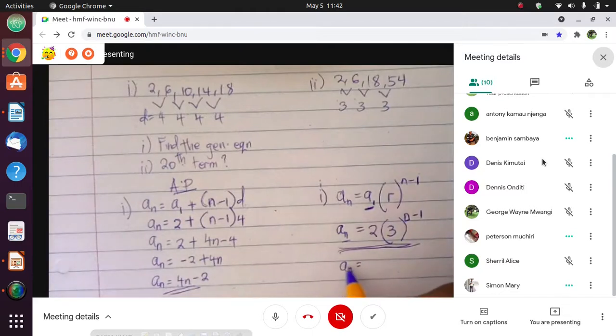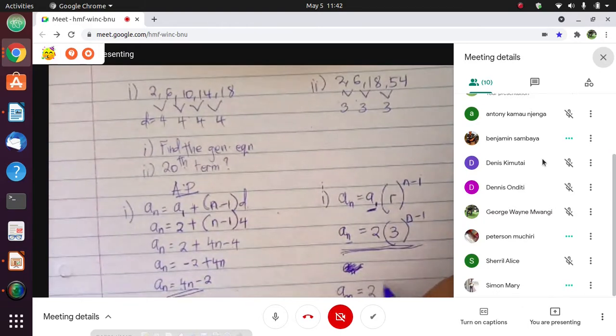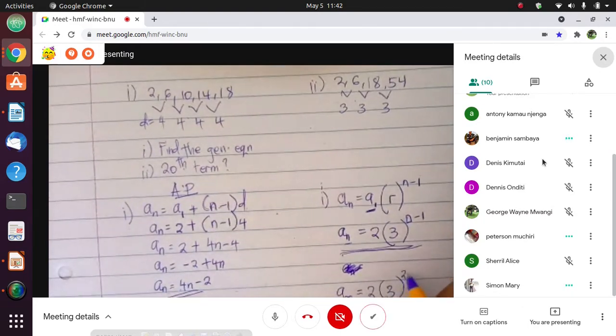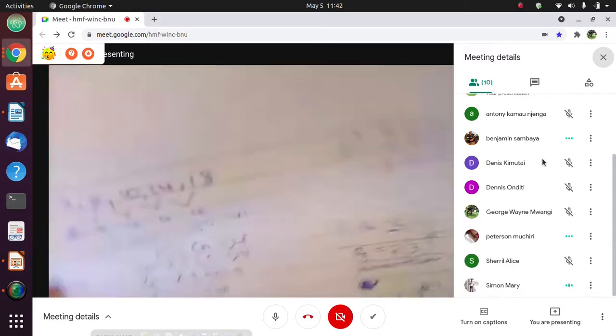Now, we have been told to find the 20th term. What will be the 20th term? So, the 20th term in this case will be 2 times 3 raised to 20 minus 1. We plug 20 where n is.